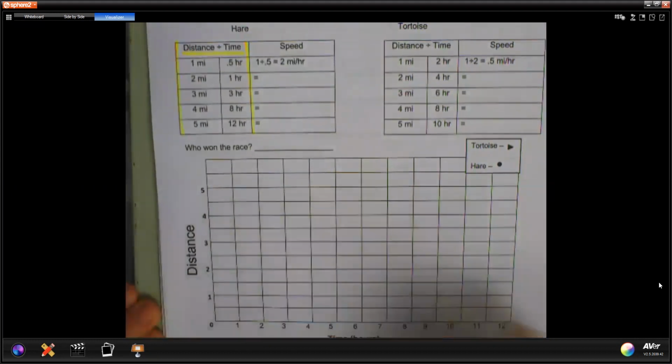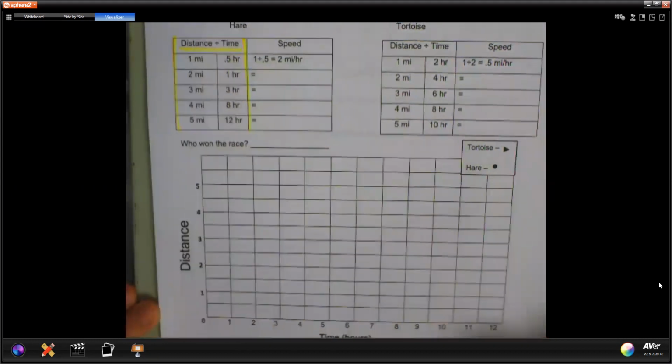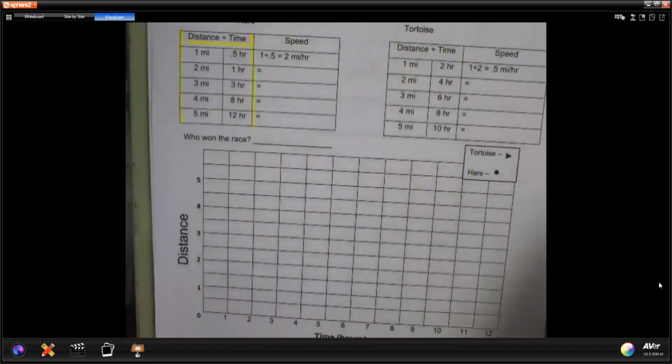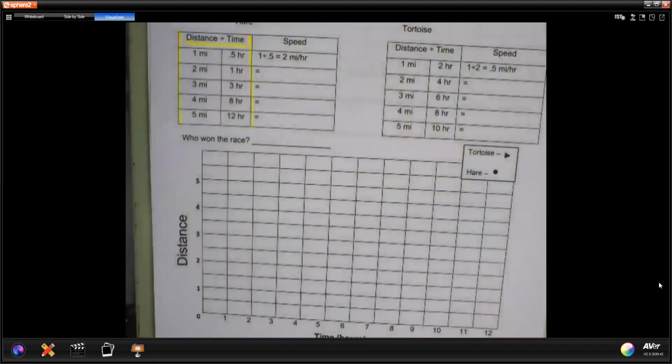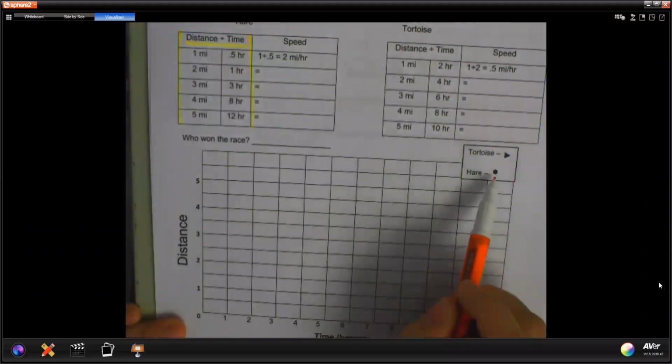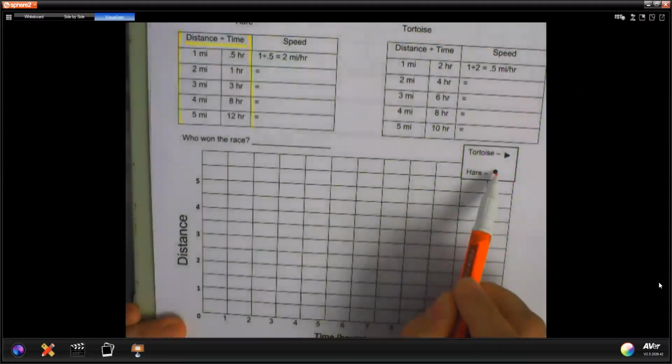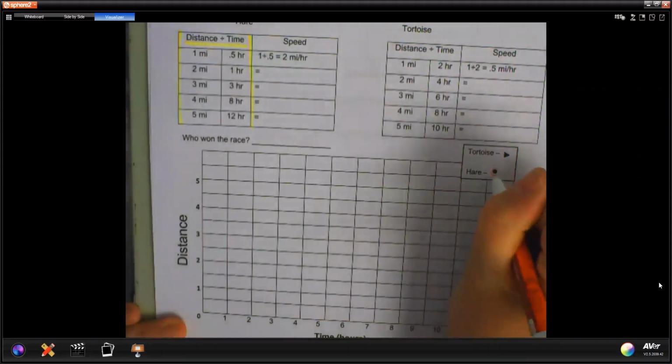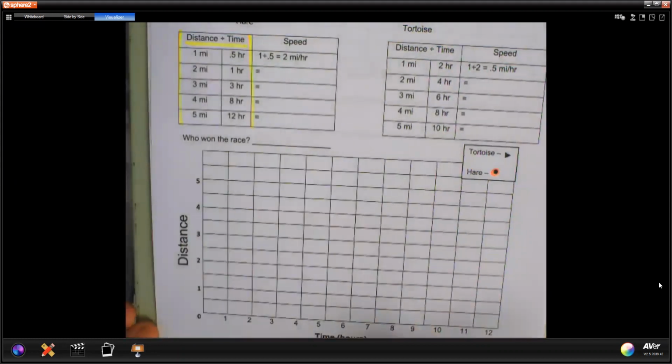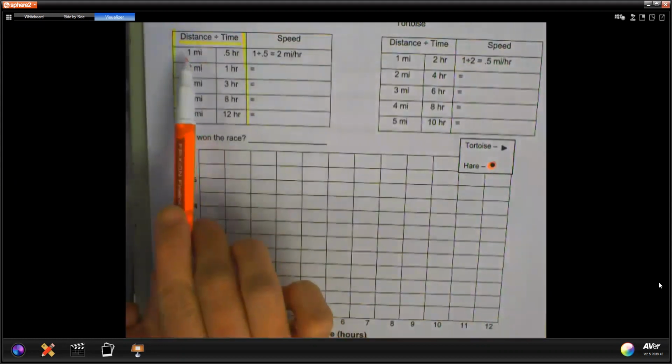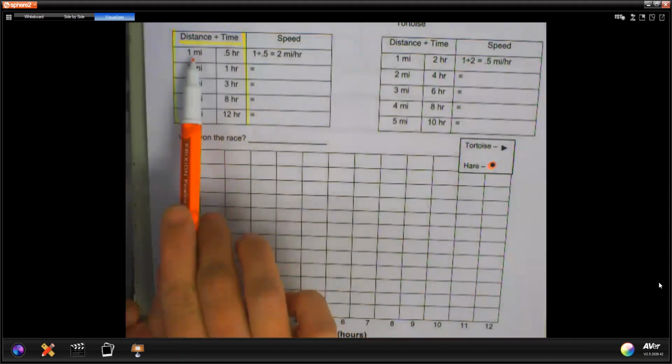Okay, so we're going to start with the hare, and I am going to use the red, but when you're marking on here, it says that you're going to use a dot. To start with, we have that the hare, after half an hour, went 1 mile.